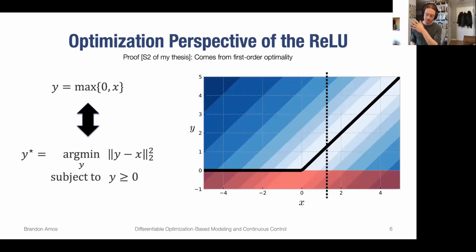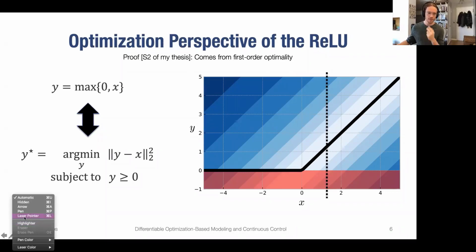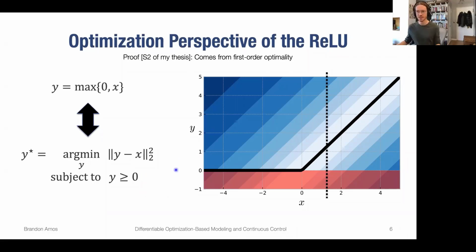So just to quickly go over these, the ReLU you can interpret as solving this optimization problem that I have at the bottom, where at each point, say x is the input, you want to solve this quadratic objective, which I'm showing in the heat map here. And so say you have some x value at this point.